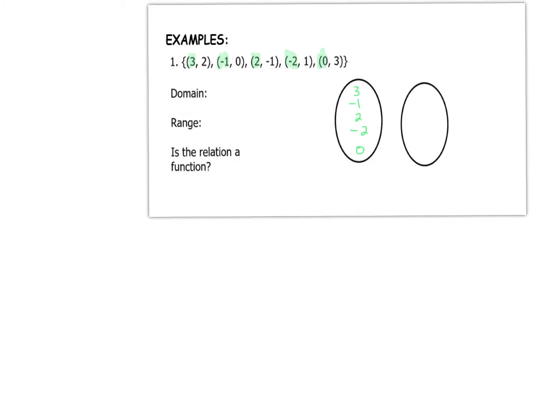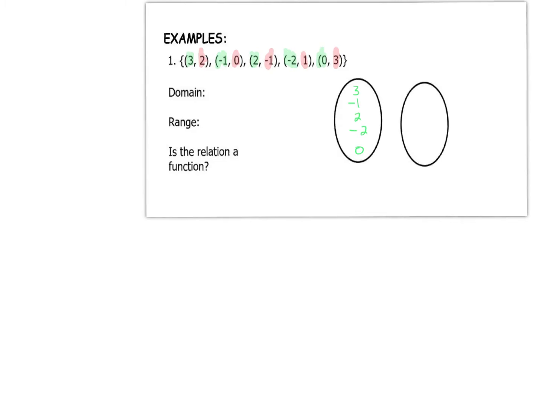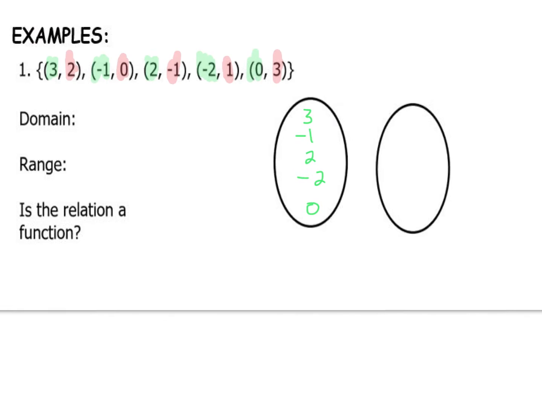These are my y's. So the 2, the 0, -1, 1, and 3. We're going to put that in. So we're going to have the 2, 0, -1, 1 and 3.